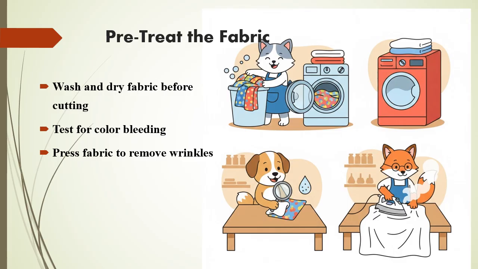When we are pressing nylons and thermoplastic fibers like polyester, we require a different kind of heat setting. Pressing is always required to remove uneven wrinkles and to get proper, accurate seams and seam allowances. So this is the fabric treatment.